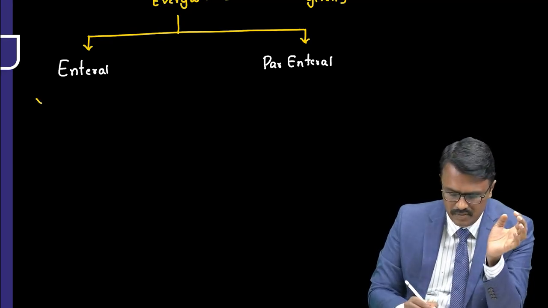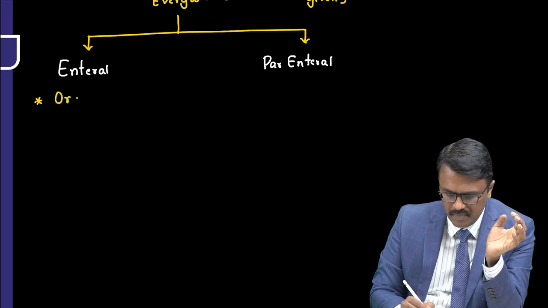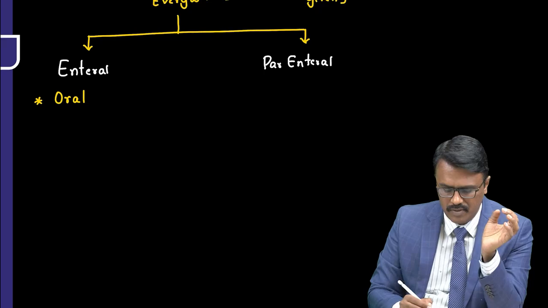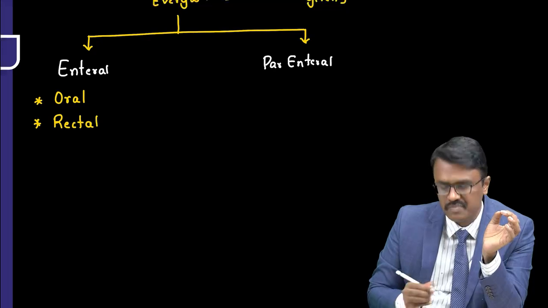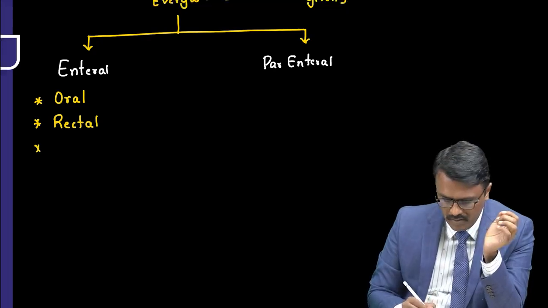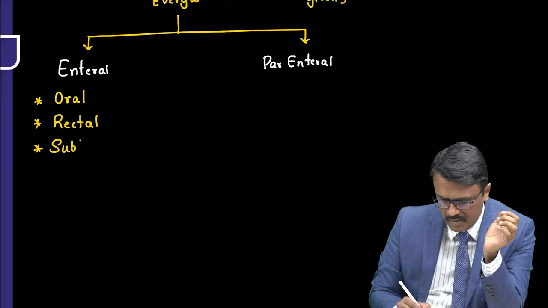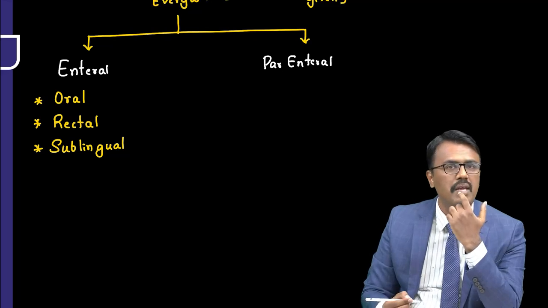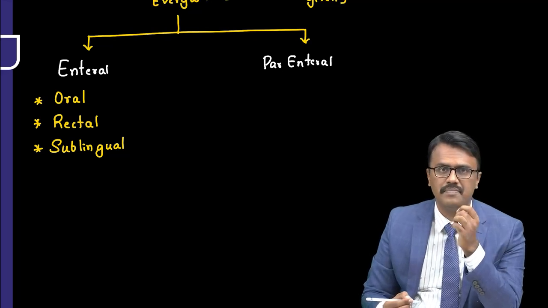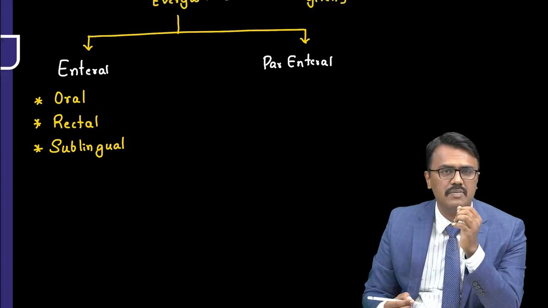For example, we are discussing currently the oral route. So the oral is the one, then the rectal route, and one more sublingual route. Now, what is sublingual? We keep the drug below the tongue. So some books give it as parenteral.